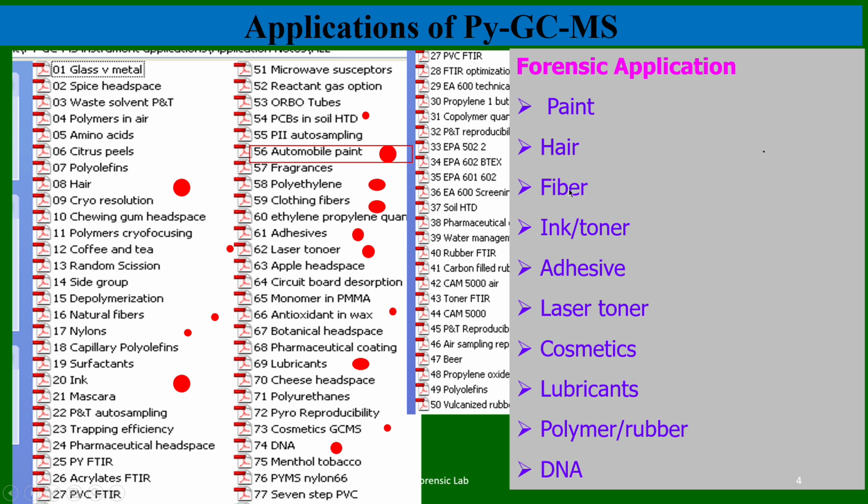Fiber, different synthetic fibers give good results. Ink and toner, adhesives, laser toner, cosmetics, because cosmetics contain organic substances, lubricant, polymer, rubber, DNA, etc. Any type of material which contains organic material.